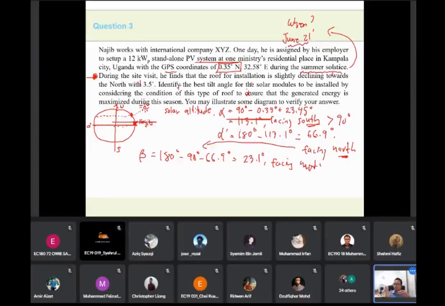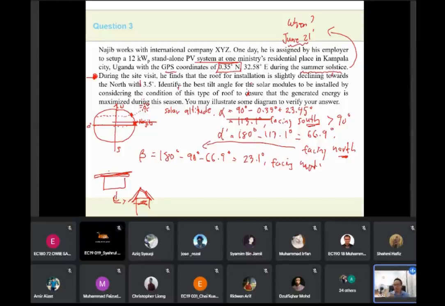The roof itself is not straight, not a flat plane. It looks like it is facing to the north with 3.5 degree.